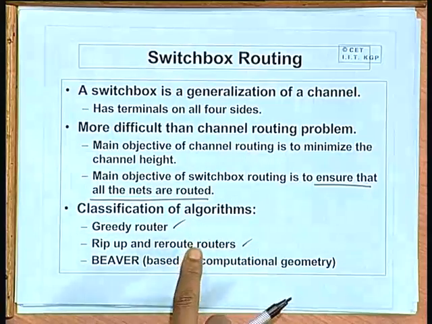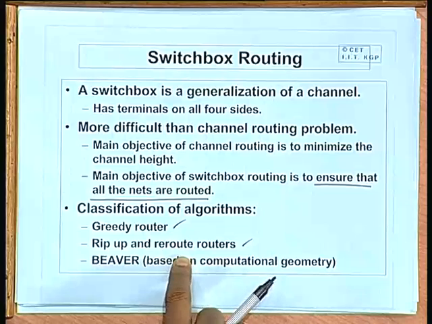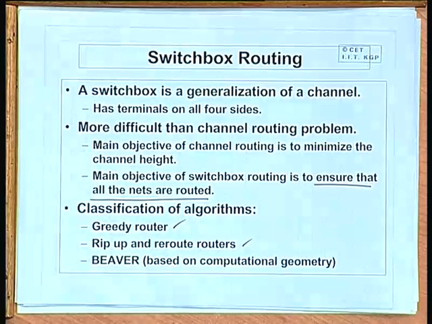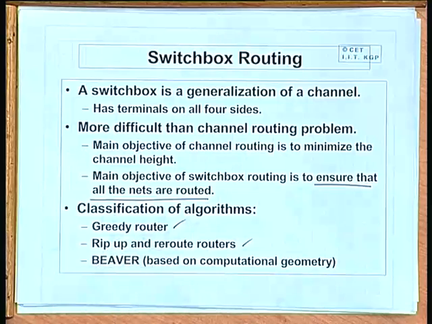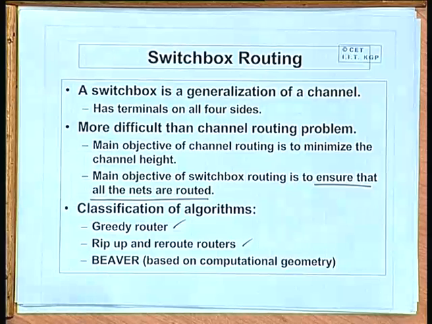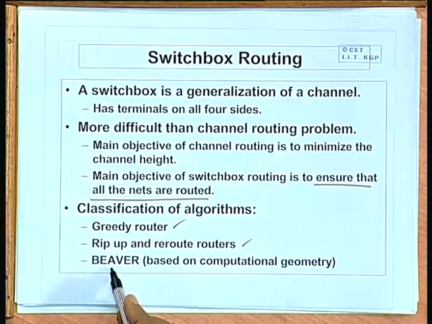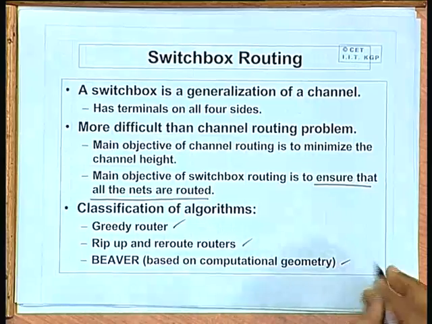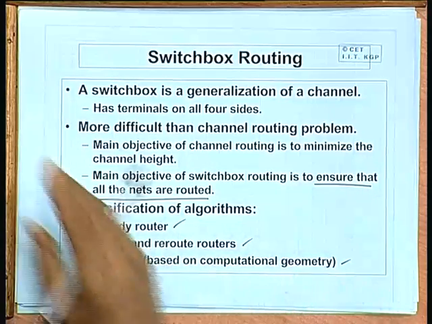In fact, in a switchbox router, in some cases when you are unable to find a path, you can use some version of Lee's algorithm or line search algorithm to find a path. So, it is more like somehow or the other you try to find the path. Okay. And there is an interesting method also called BEAVER, which is based on some concepts of computational geometry. These methods all work pretty well.